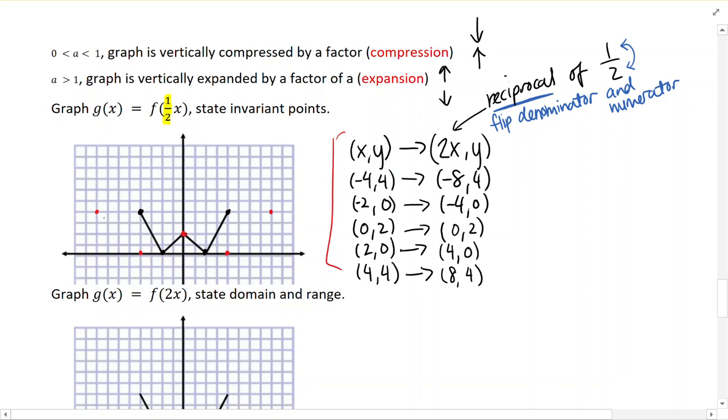Let's connect the points together. Okay, so here are the connected points. Since this was expanded from that y-axis, here is an invariant point.